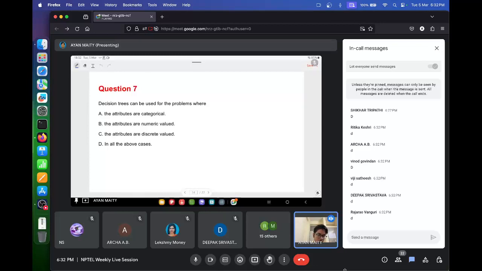Ritika Kesri is saying D, Archa is saying D, Vinod Govindan is saying D, Vijay Satish is saying D, Deepak Srivastav says D, Rajarao says D. Yeah, so all the answers in the chat are option D. And so the correct answer is option D, that is, in all the above cases.